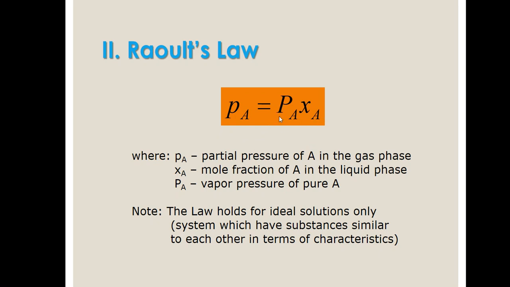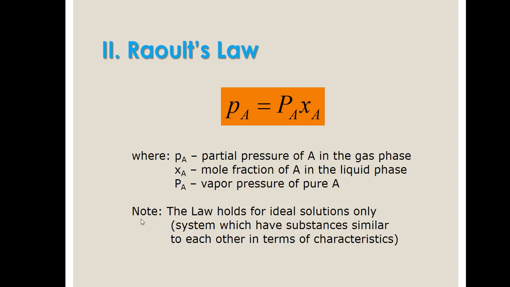This capital P sub A is the pure vapor pressure of A. Where do we get this? We get this from property tables or from appendices in our respective major reference materials, or in any book that has this particular data. So the relationship is linear.